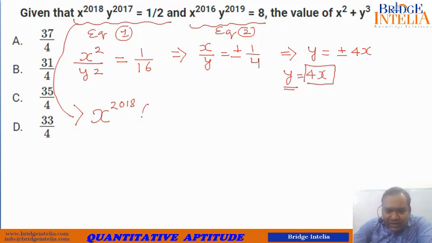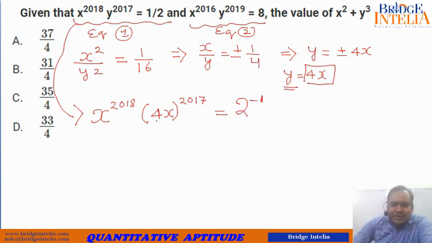y I am now rewriting. Instead of y I am writing it as (4x) whole to the power 2017. So this is given to me as equal to half. Half can be written as 2 to the power minus 1. Now 4 can also be written as 2 square.